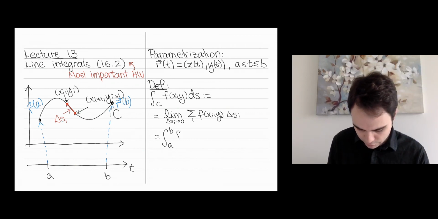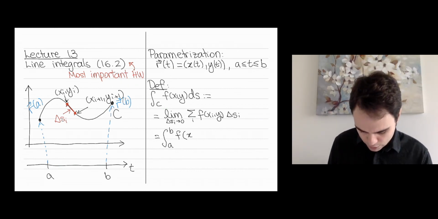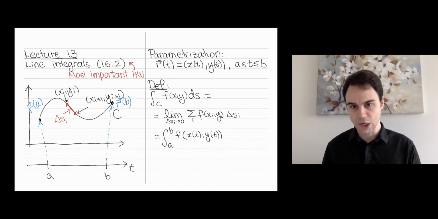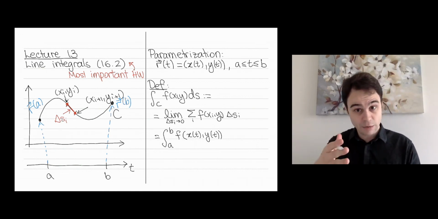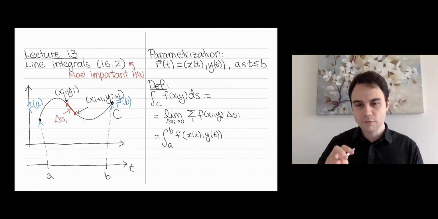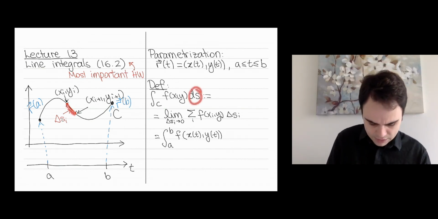Then you evaluate the function f. If I have a real number t between a and b, I look at the corresponding point in the curve, that's x of t comma y of t. Then I evaluate f at that point, and then instead of multiplying by dt, I really want ds, some distance in the curve.